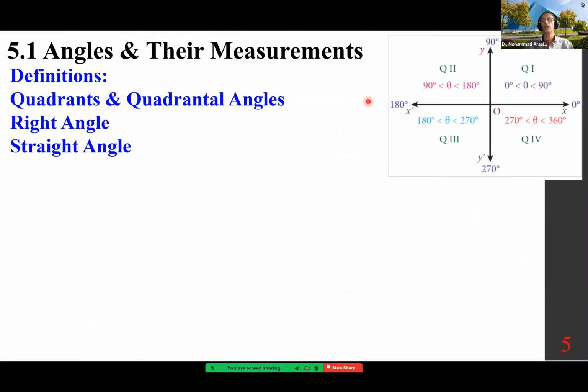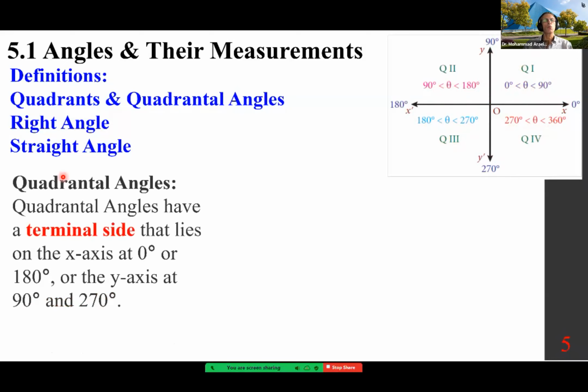So if you again look at the grid, here's the 0 degrees, 90 degrees, 180, 270. This is called quadrant 1 between 0 and 90 degrees, quadrant 2 between 90 and 180 degrees, just the way we learned about the rectangular coordinate system, quadrant 3 between 180 and 270 degrees, and quadrant 4 between 270 and 360 degrees.